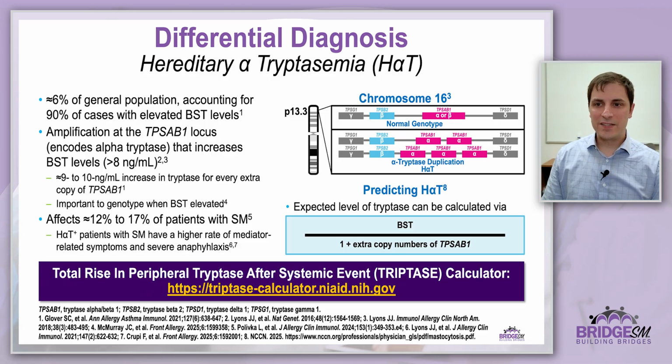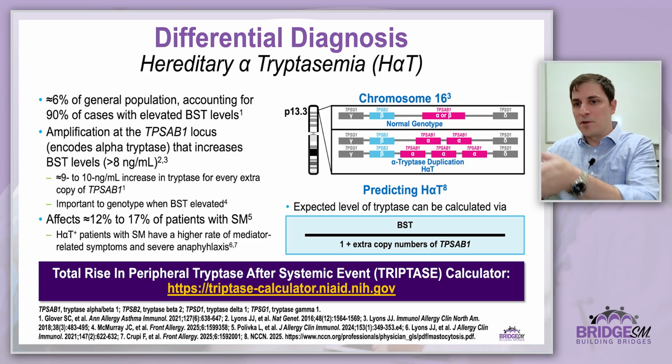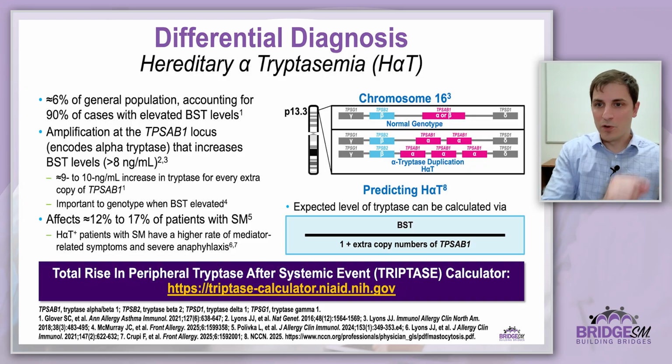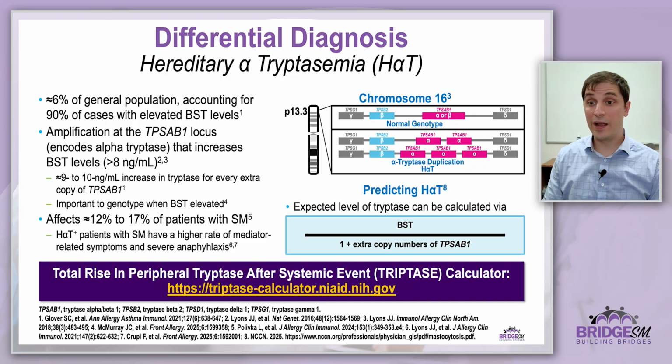It is basically a duplication or more, triplication, we've seen up to quintuplication, of the alpha tryptase gene at the TPS-AB1 locus. So basically what happens is instead of one alpha tryptase, you have 2 or 3 or 4, and there's a promoter that's co-inherited with the extra genes that basically tells the body to transcribe more tryptase. So the net result of this is you have a bunch more tryptase than you would otherwise have.